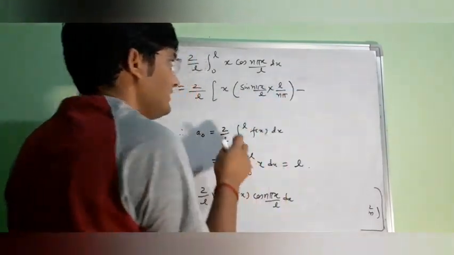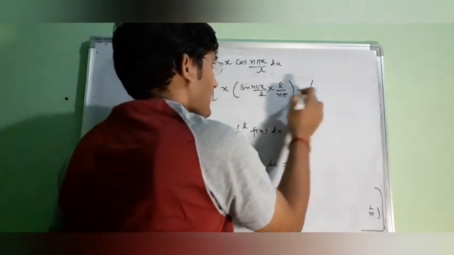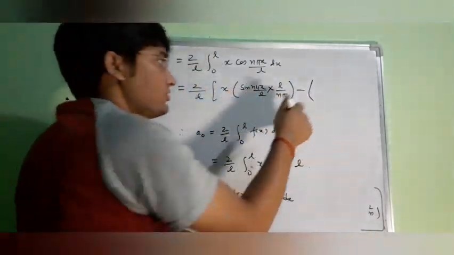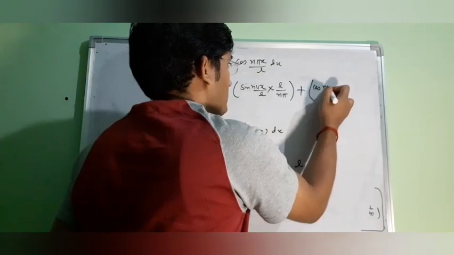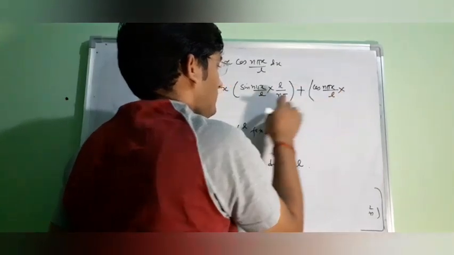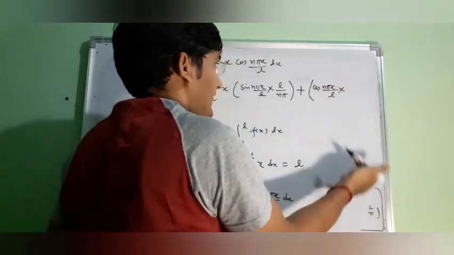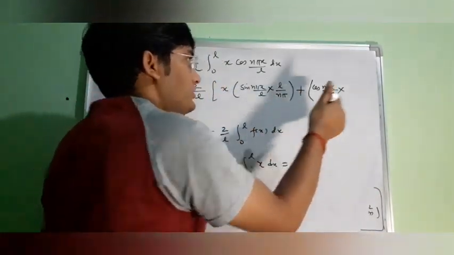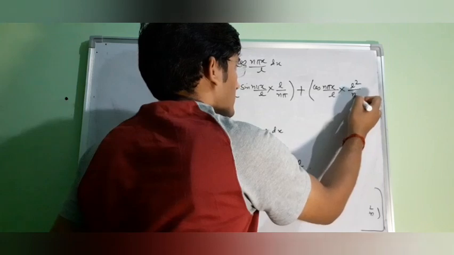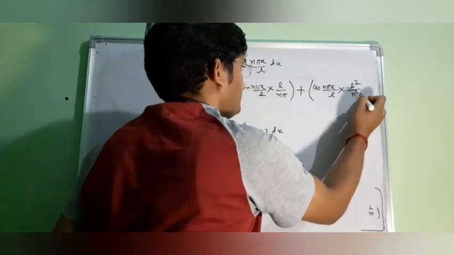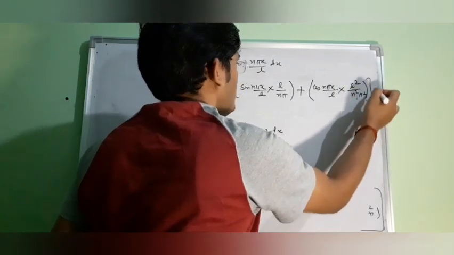Then we will have minus sign, differentiation of x will be 1, and the integration of sin will be minus, so this will be plus cos(n pi x upon L), and in the denominator we will have a term n pi upon L, so this will be L square upon n square pi square, and the limits from 0 to L.